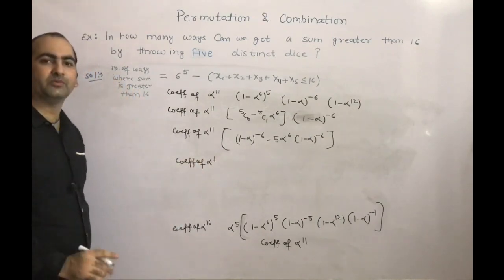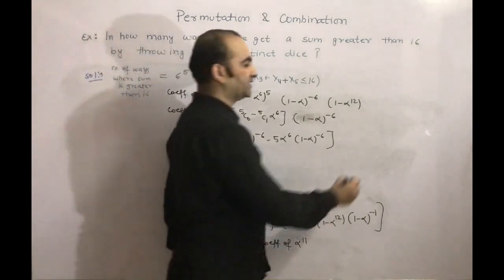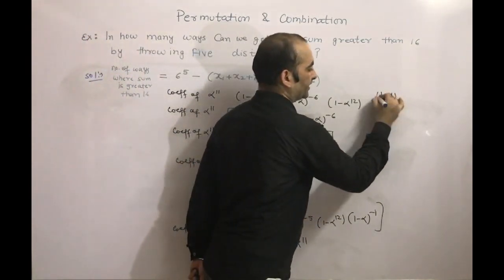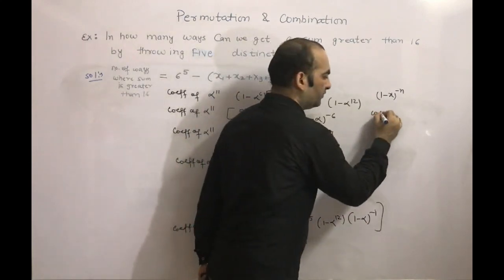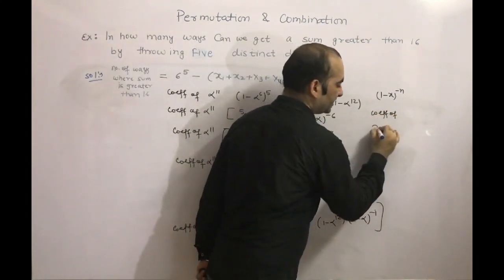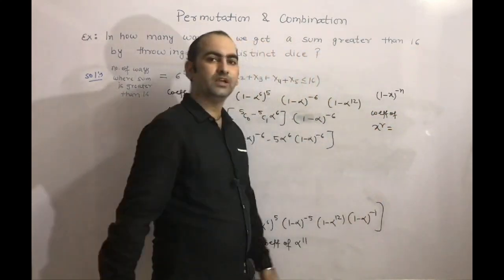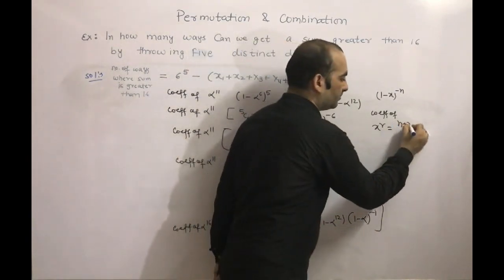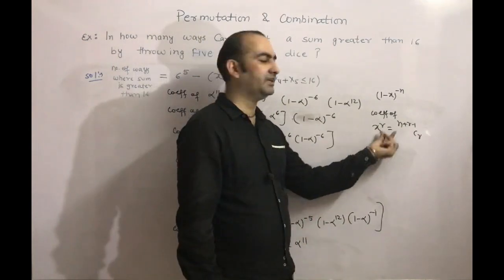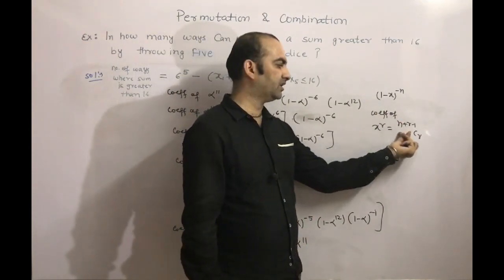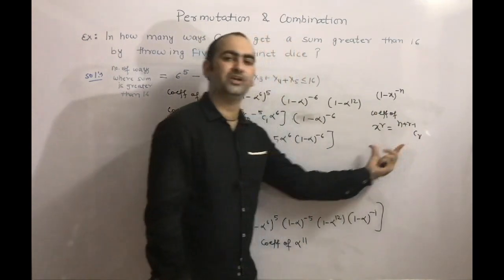Here we have to remember one important point: in the expansion of 1 minus x power minus n, the coefficient of x power r is n plus r minus 1 cr. So this formula we have to remember.